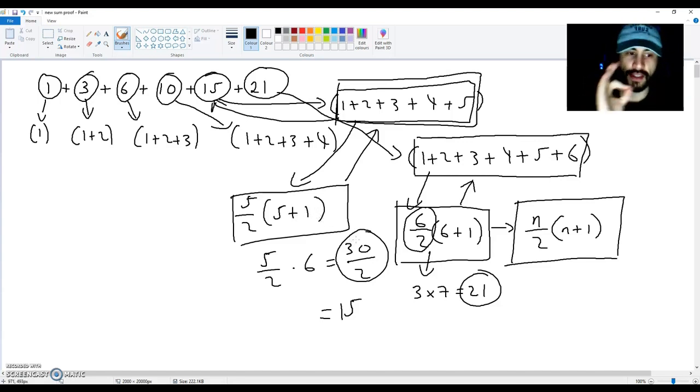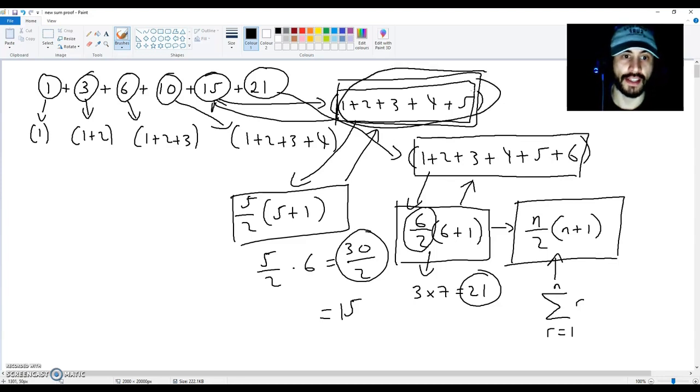So the second thing you need to know is this equation right over here, and this can be described with sigma: r equals 1 at the bottom, r next to it, and n at the top. So this is the second thing you need to know, that this over here, which can be used to find sums such as this, can be described with this little piece of information over here.